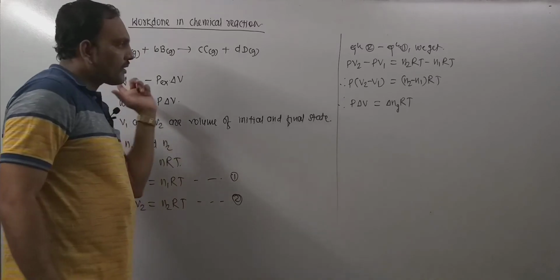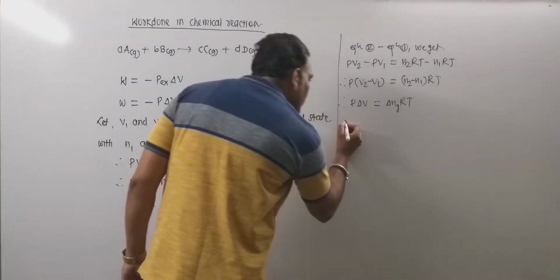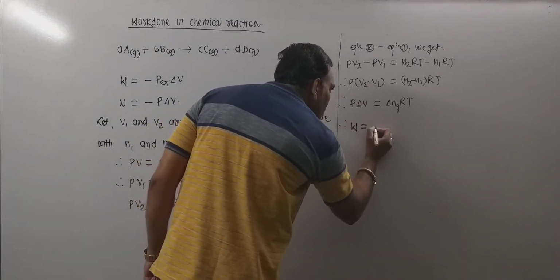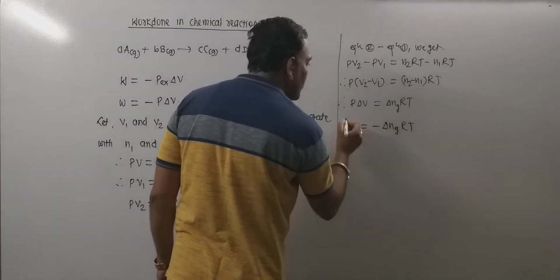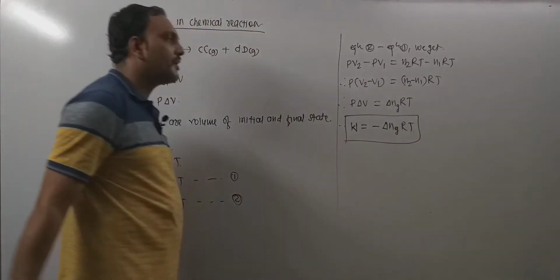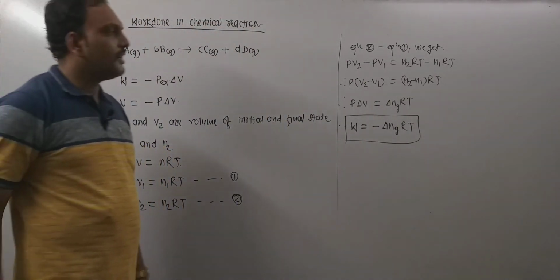Thus the work done ultimately can be given as W is equal to minus delta n RT. So this is the work done in a chemical reaction.